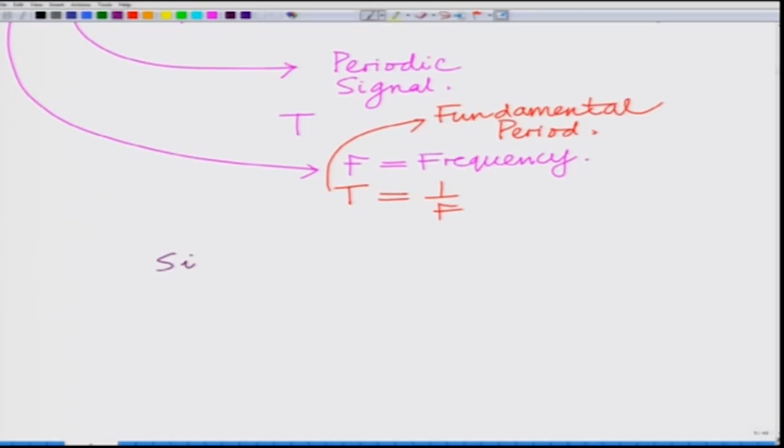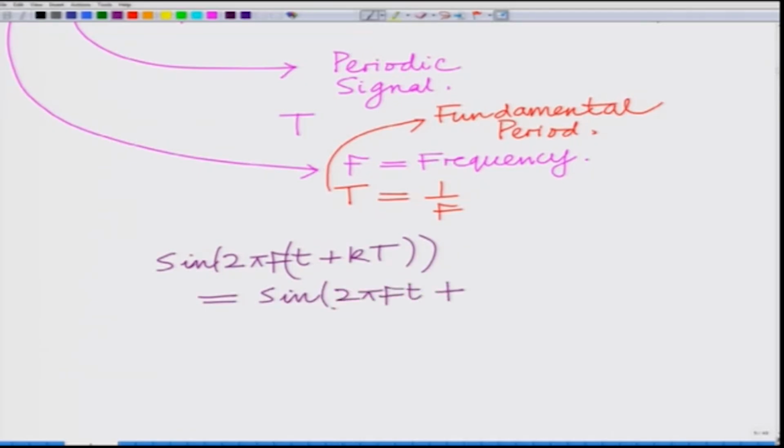You can see that it is periodic with T because, if you consider sine of 2 pi f t plus some multiple k T of the period, this is equal to sine of 2 pi f t plus 2 pi k f into capital T. But we know T equals 1 by f, which implies f into capital T equals 1.